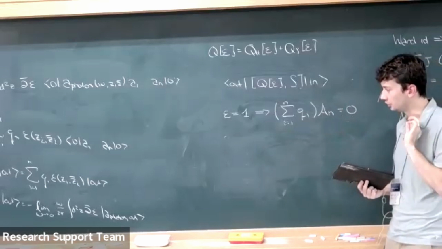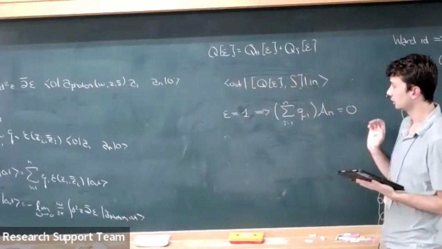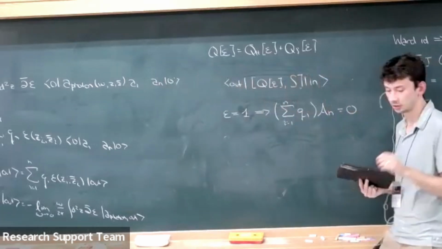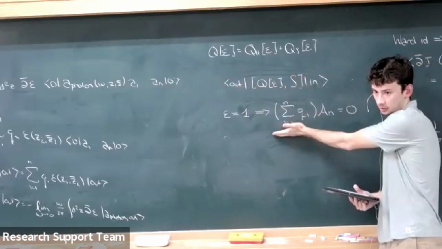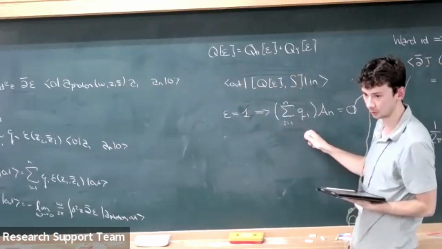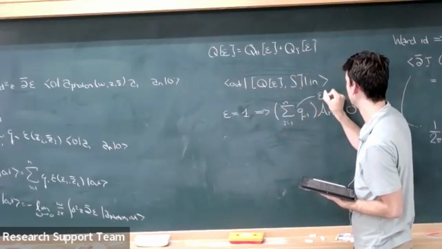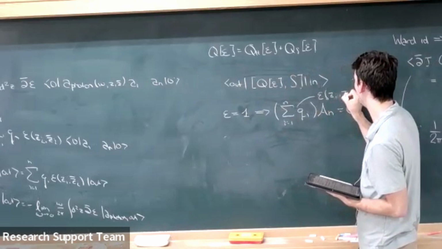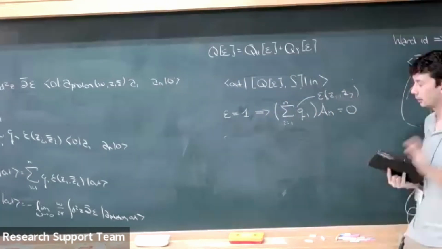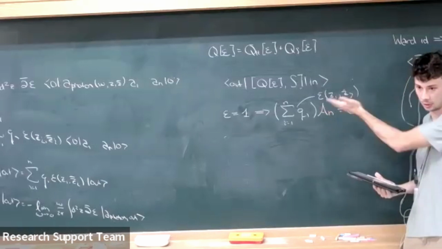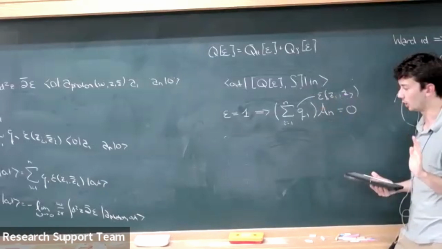Now what we get for a general function epsilon is that Q hard gives you something that looks like a conserved charge, but it's weighted by epsilon. So now it's not just the sum of Qi equal to 0, but the sum of epsilon(zi, z̄i) times Qi looks like it's equal to 0. Well, how can this be so? Because I can choose my arbitrary function epsilon such that it's 0 on all these zi's except for one.